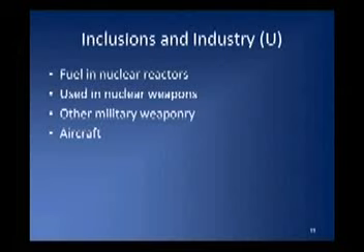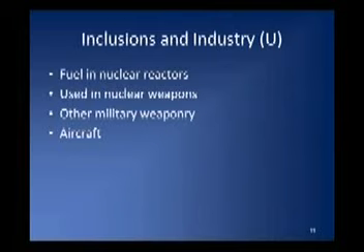It's used in industry, but not quite to the extent of all those other ones, because it's radioactive. The primary place where we hear about uranium is as fuel in nuclear reactors. It's also used in nuclear weaponry. To make the atomic bombs, you have to have uranium.